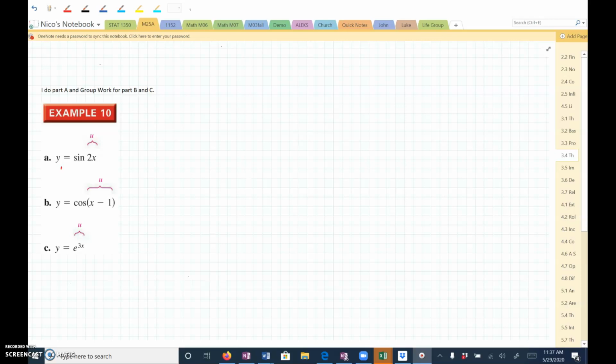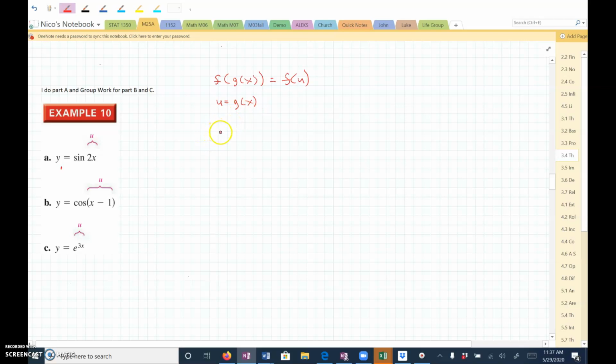Alright, example 10. So remember that u equals g of x, and f of g of x is a composition of functions, so we can say that this is f of u, where u is g of x.